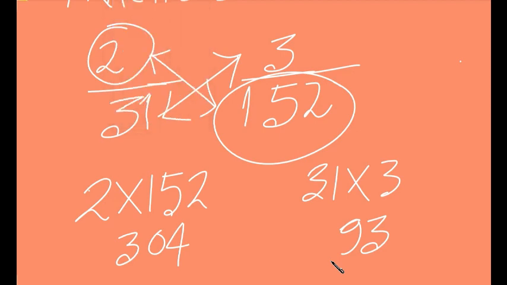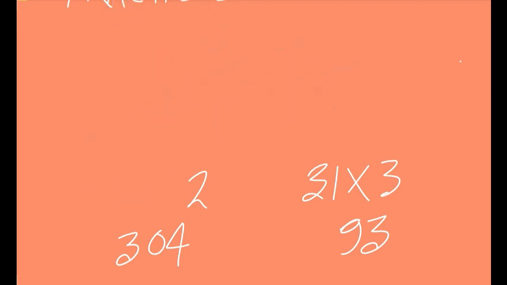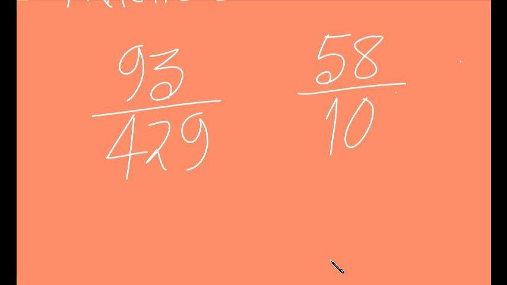So quite easy, right? So what is the problem here to use it every time? This is the problem. Say I am giving you 93 by 429, and here I am giving you 58 by 106.